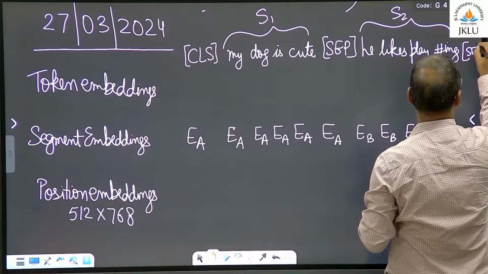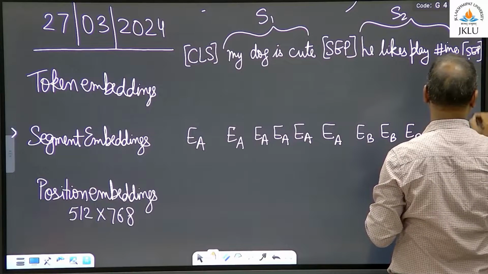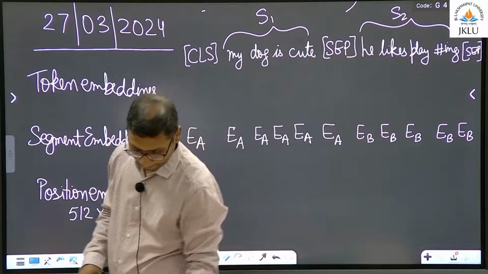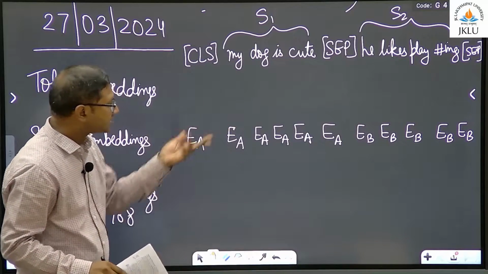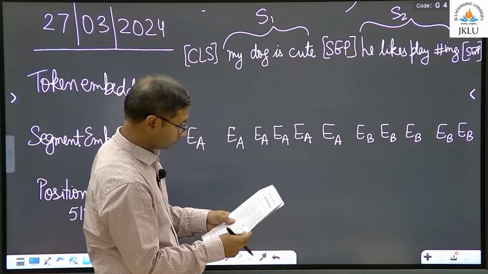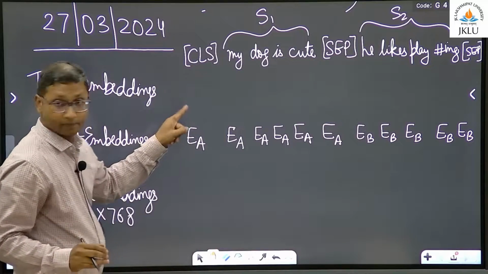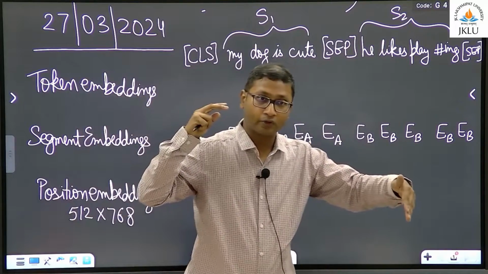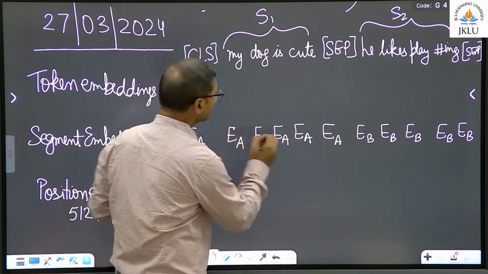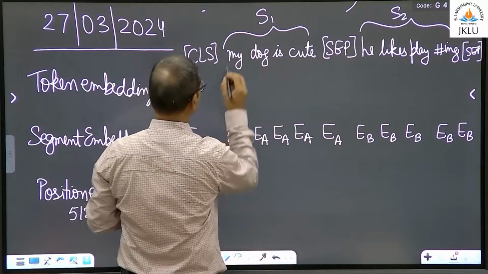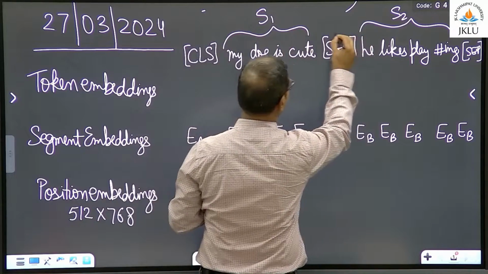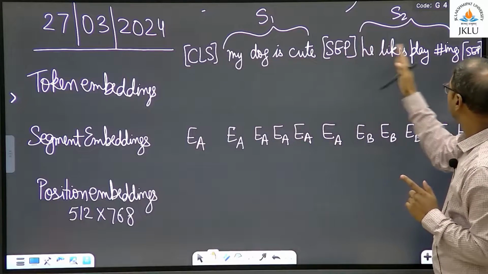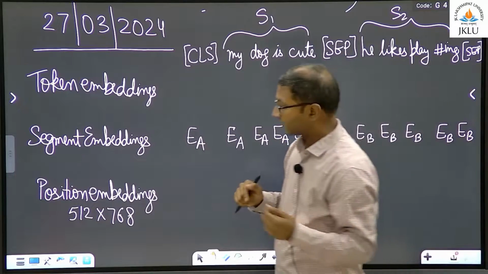There is a separator here. What is this EA and EB? These are my segment embeddings, right? I will have two segments, S1 and S2. This whole part before SEP belongs to my first segment. After SEP, this whole thing belongs to my second segment.